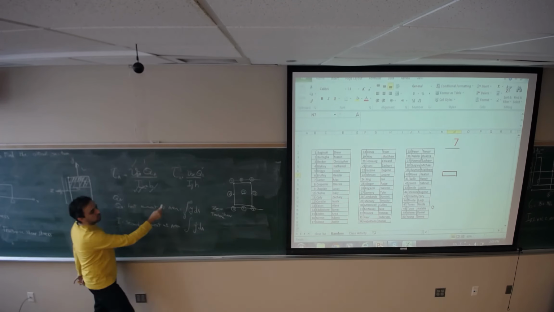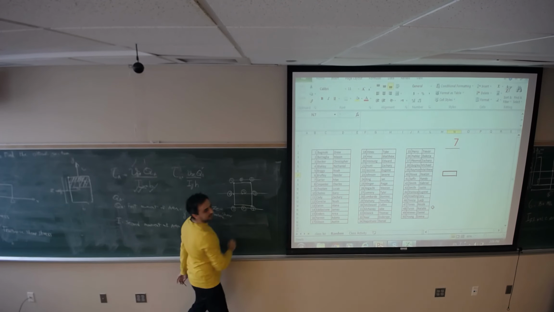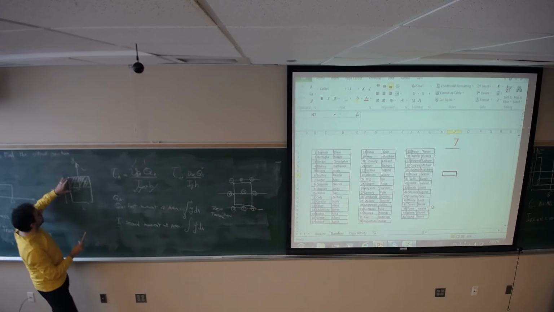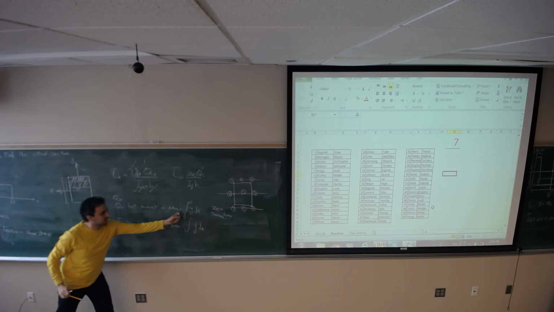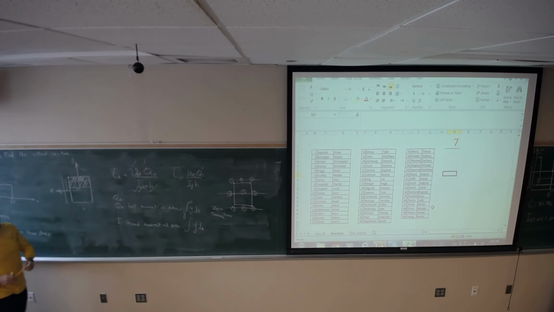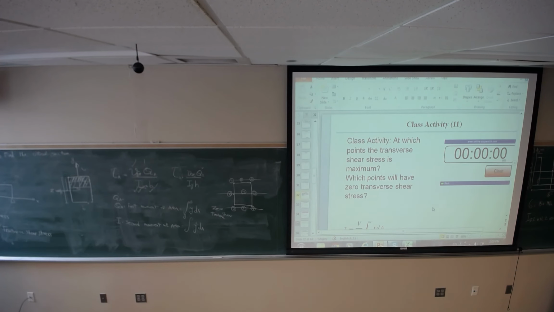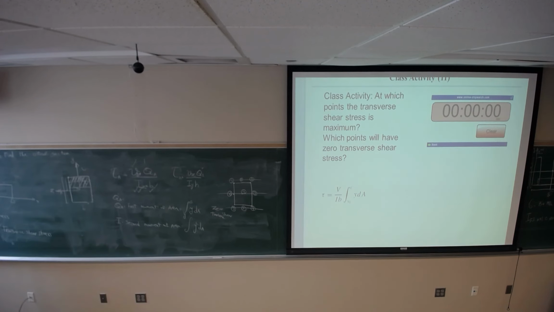And all points in 6, 7, and 3 are going to see the maximum cross section, which is going to get the greatest transverse shear. Does it make sense?